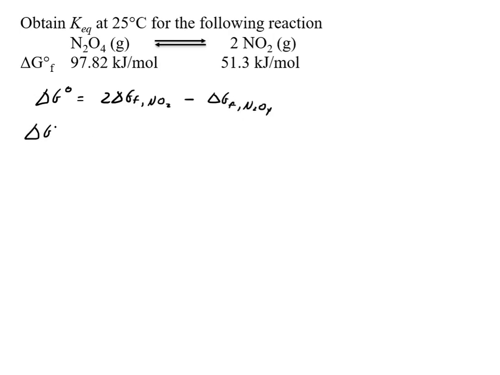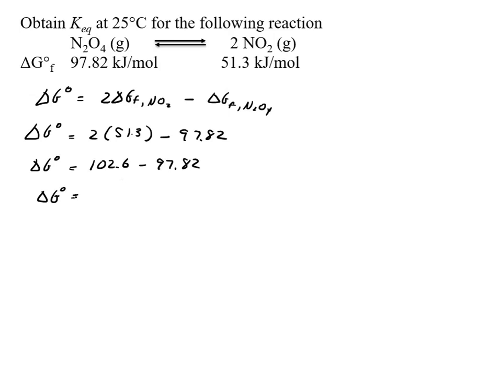So delta G naught is going to be 2 times 51.3 minus 97.82. So delta G naught is going to be 102.6 minus 97.82. So delta G naught is equal to 4.78 kilojoules, and delta G naught is 4,780 joules.